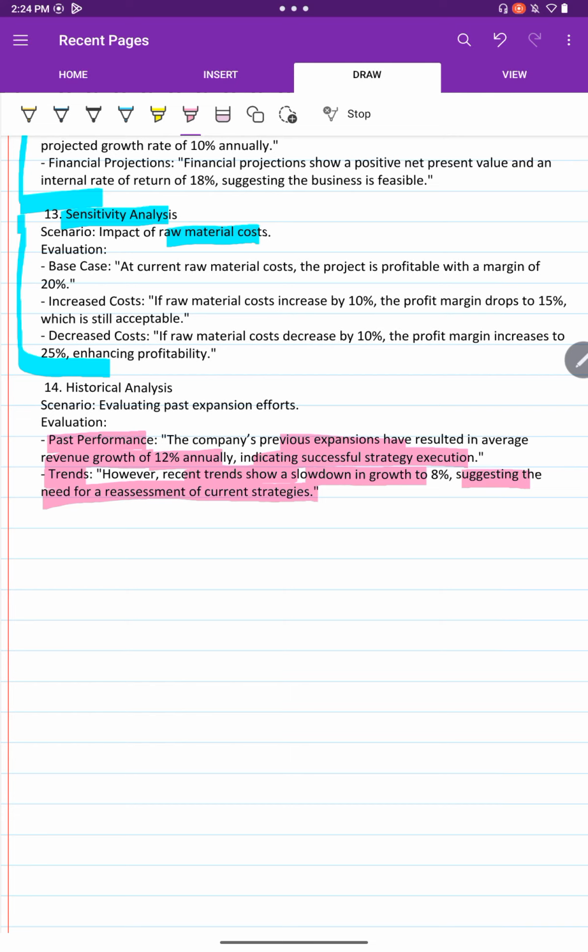If that information had been given in the case study, you could make better decisions. So you can talk about other information which you don't have in the case, but you do require to make a judgment. So these are some ways you can do evaluation. You can use these things for evaluating your answer.